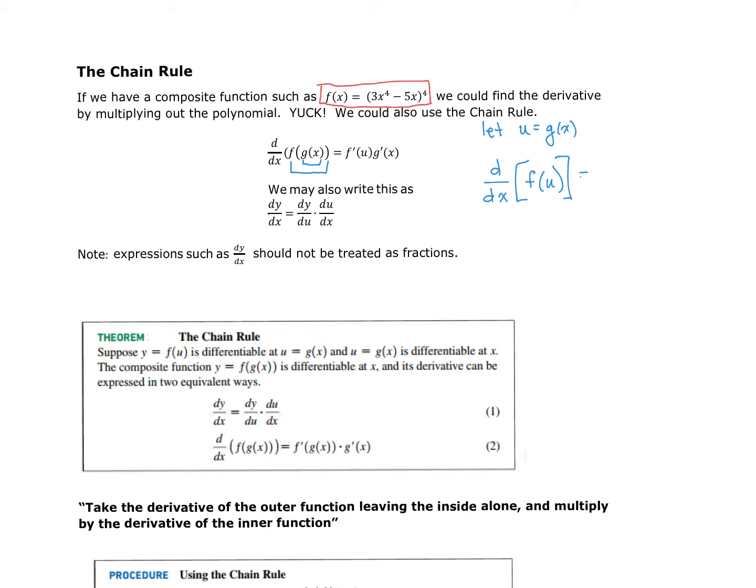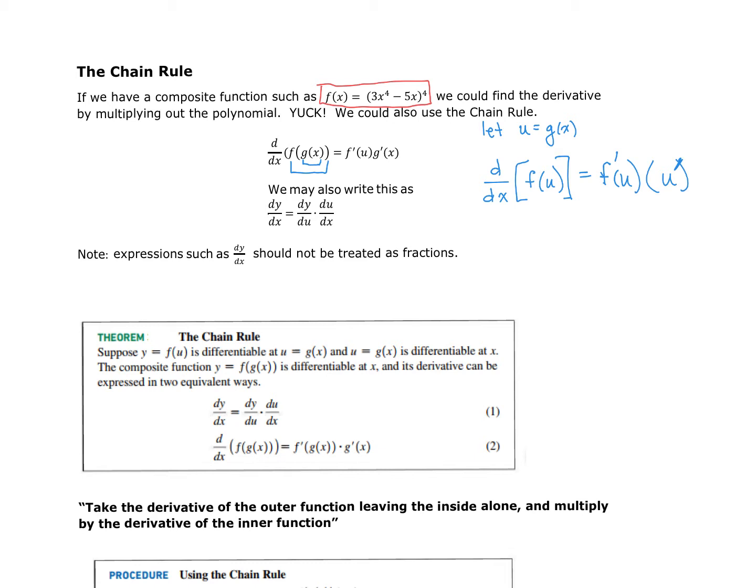And in this case, what I would want to do is find the derivative of f of u, and then I want to find the derivative of u, because it's also a function. So we're going to get f prime of u times g prime of x.